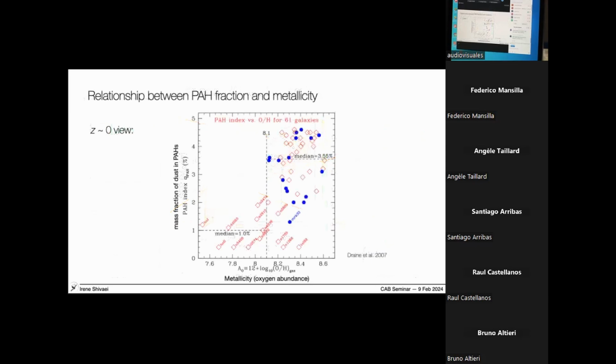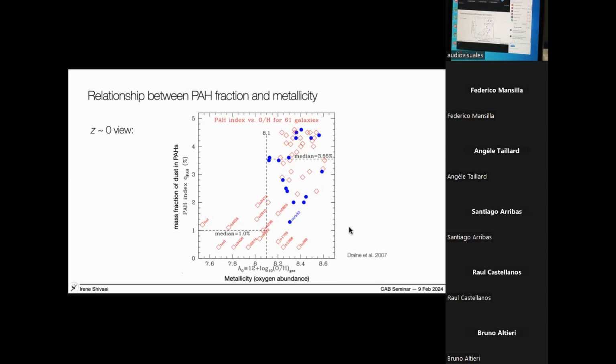So at redshift 2, the PAH fraction, so this is the fraction of dust mass that is in PAH molecules. At redshift 0, it has been studied in many studies.